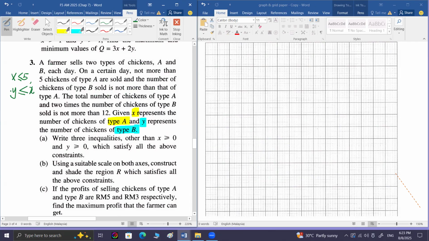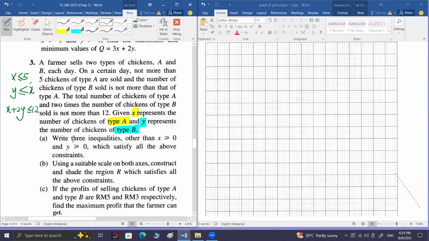The question mentioned B and A. Next, the total number of chickens of type A and 2 times B is not more than 12. Is not more than 12.